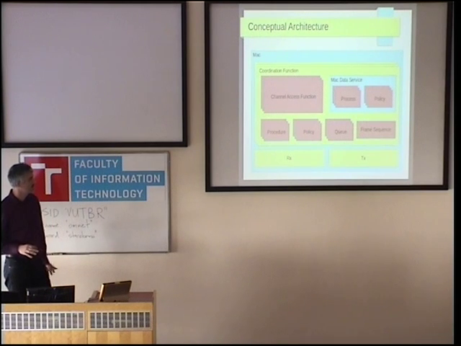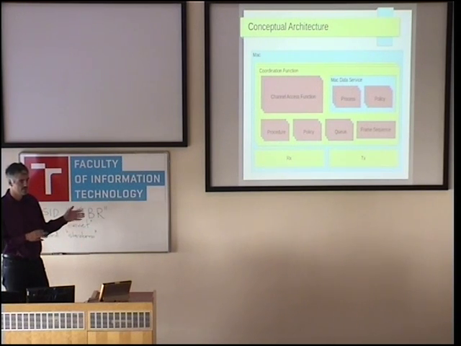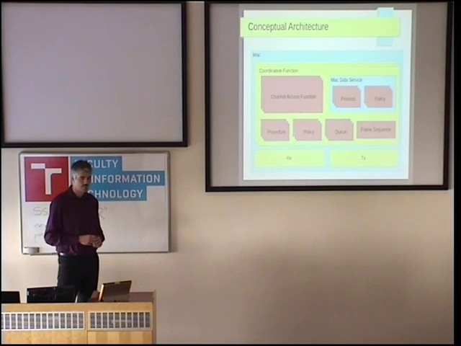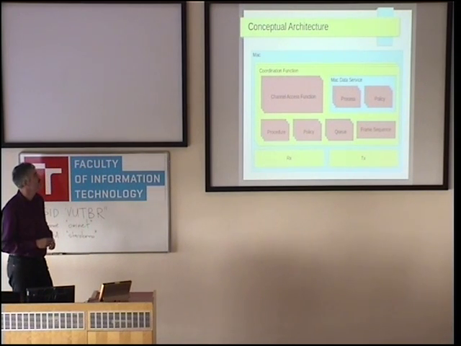Each coordination function contains one or more channel access functions and a couple of procedures and corresponding policies. Policies are important for experimentation. Then we have queues and the frame sequence, which was absolutely not part of the old model, which was a dead end. And then we have the MAC data service for data transformations, and there are policies too.